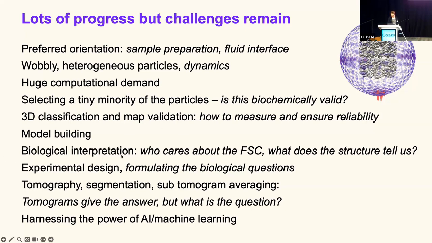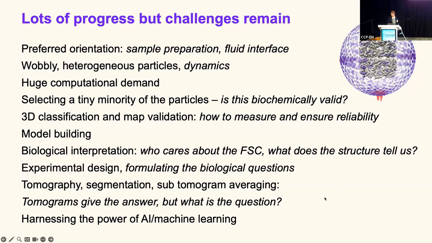And then, in terms of biological interpretation, let's go back to the thinking part. There's been a lot of focus on what's the resolution, and it depends what it tells you. So I'm all in favor of saying, well, what does it show rather than what's the FSC value? I think the real thing gets back to our experimental design, formulating interesting questions to ask and how to answer them.